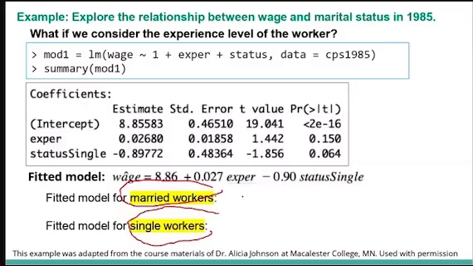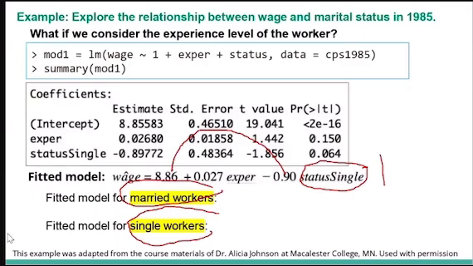If I want to create a model for a single worker, I'm going to plug in single. I'm going to plug in one. Wherever I see single, I plug in one. When I plug in one, my intercept is going to change because I'm going to have 8.86 minus 0.90, but the slope remains the same. The slope for experience is going to be 0.027.